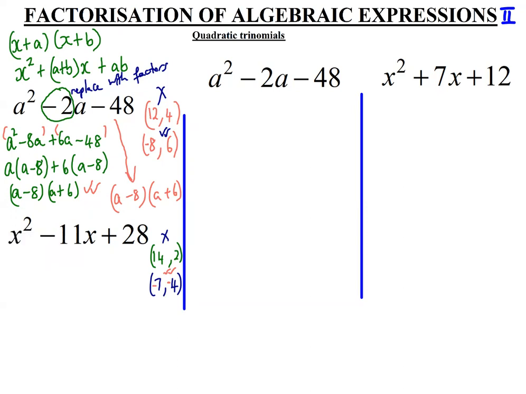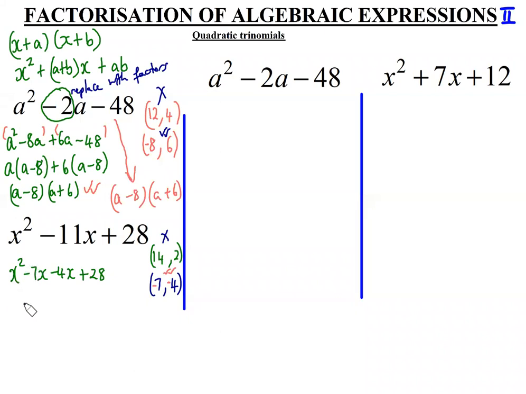Then what we are going to do here, we're going to replace them. So we're going to say it's going to be x. Let's use the long method first. Okay, we replace: x squared minus 7x minus 4x plus 28.